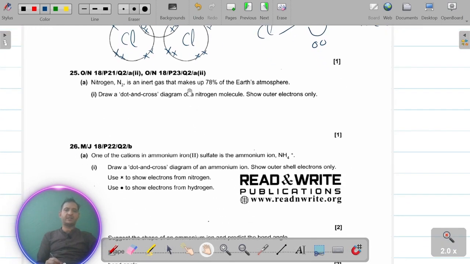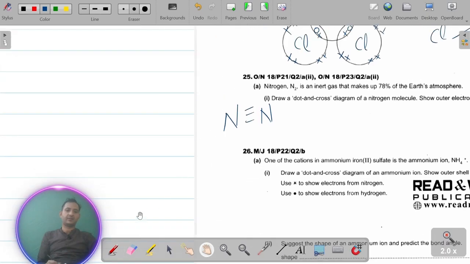Nitrogen is the inert gas that makes up 78% of the Earth's atmosphere. Draw a dot and cross diagram of a nitrogen molecule showing outer electrons. We know between nitrogen and nitrogen there is a triple covalent bond. That is the reason it is unreactive. So how can I draw it? I need space, I can use this area. Nitrogen, the nitrogen.